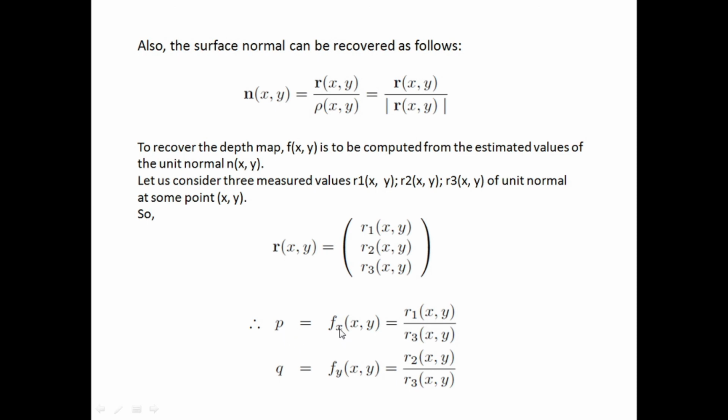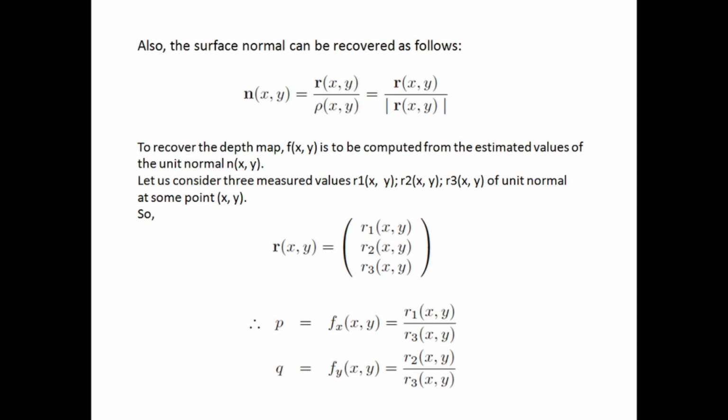P is with respect to x, and Q is with respect to y. That is, f of x comma y with respect to x, the surface orientation in the x direction, and Q is the surface orientation in the y direction. P is traced out as r1 of x comma y by r3 of x comma y, and Q is r2 of x comma y by r3 of x comma y. I have now got the P comma Q values.